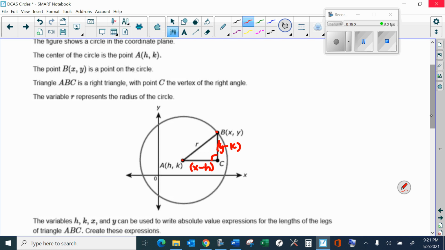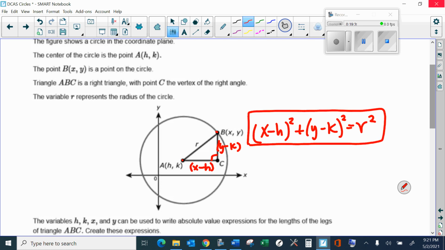When I put the Pythagorean theorem together, I get (x minus h) squared plus (y minus k) squared equals r squared, and that is the standard form of a circle. There you go, right there.